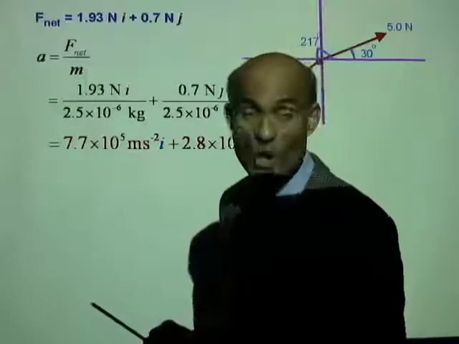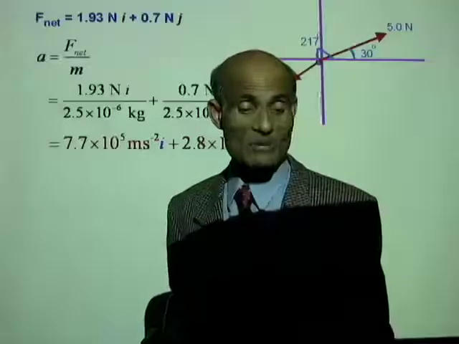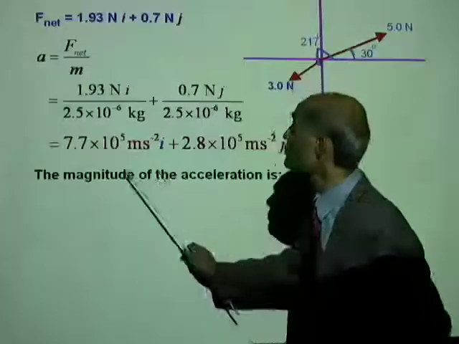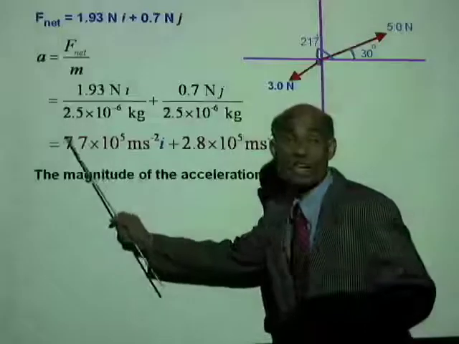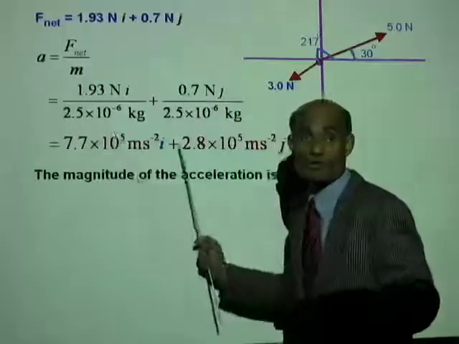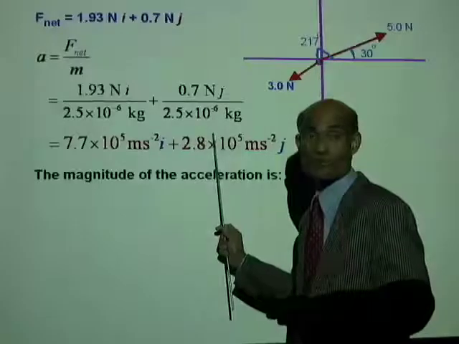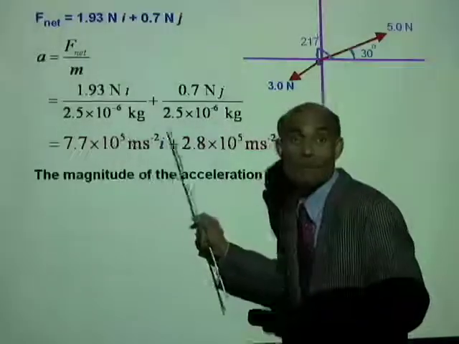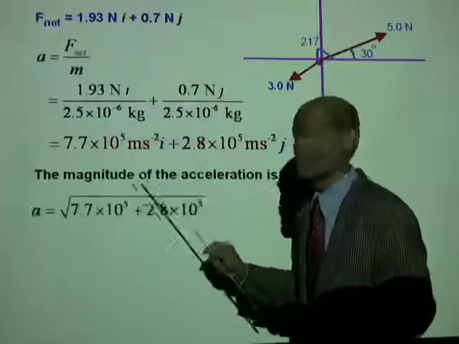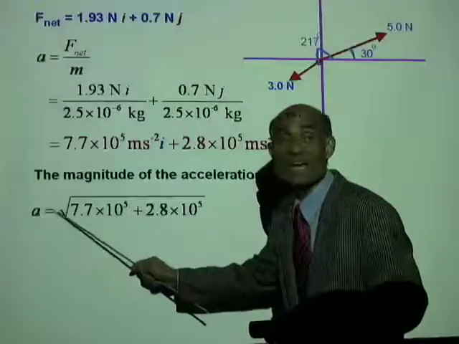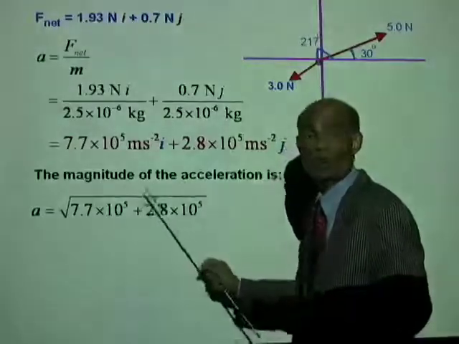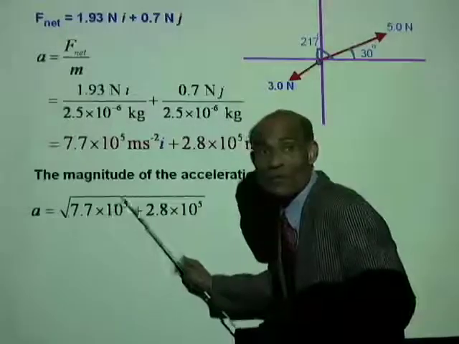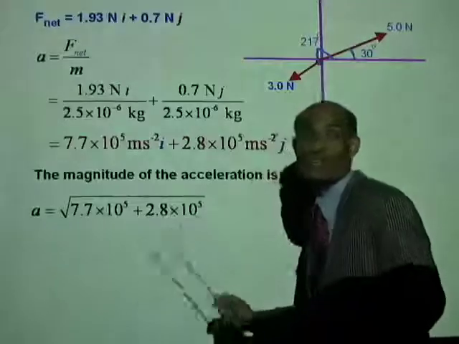Well, how does it look if you want to write it in the magnitude angle form? The magnitude of the acceleration is, how do you obtain the magnitude? This is the x component, this is the y component. The magnitude will be square root of x squared plus y squared. So the magnitude is A equal to square root of x squared plus y squared.